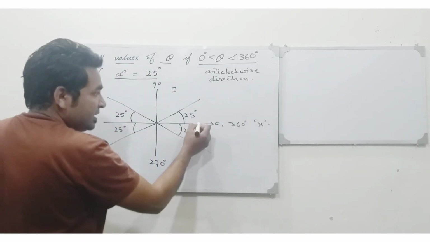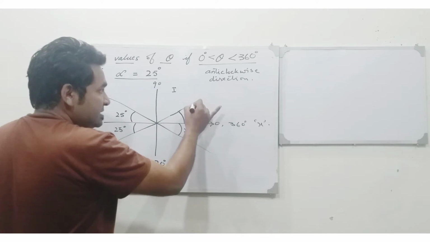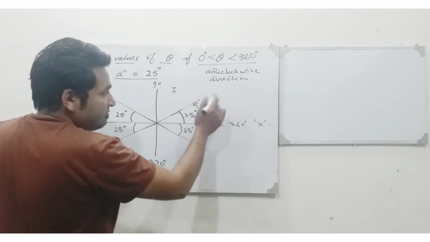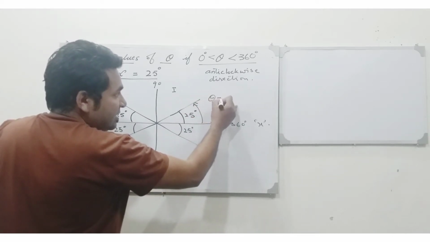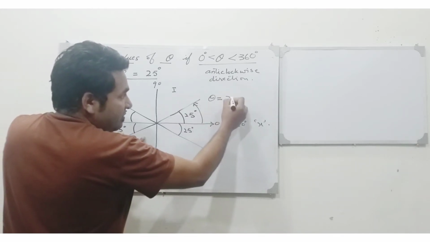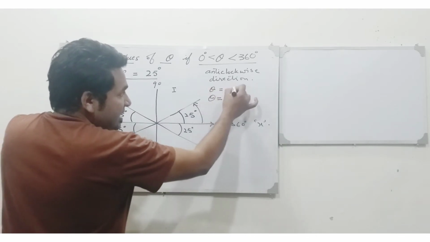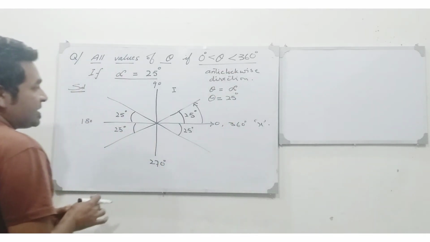So here in the first quadrant, theta would be like this in anti-clockwise direction, and the value of theta and alpha is the same. So theta is the same as 25 degrees. As you know, in the first quadrant theta and alpha are both equal.